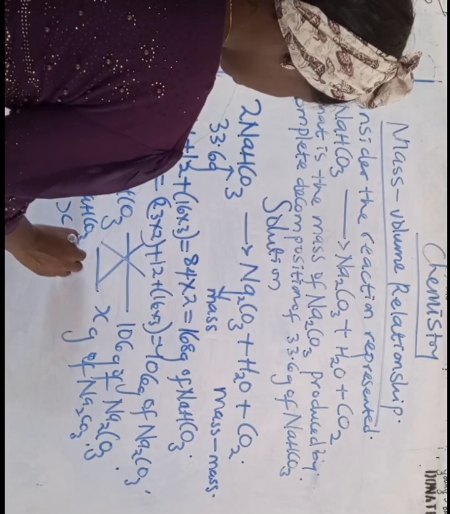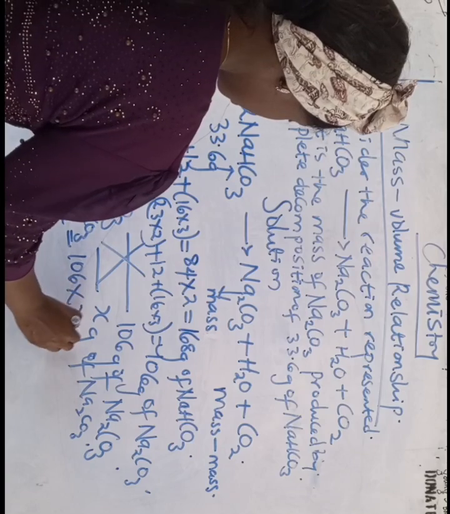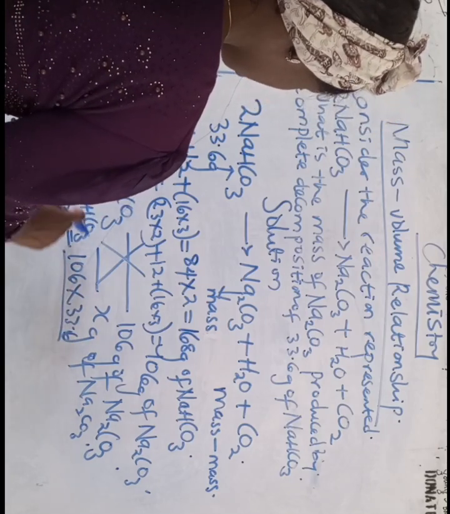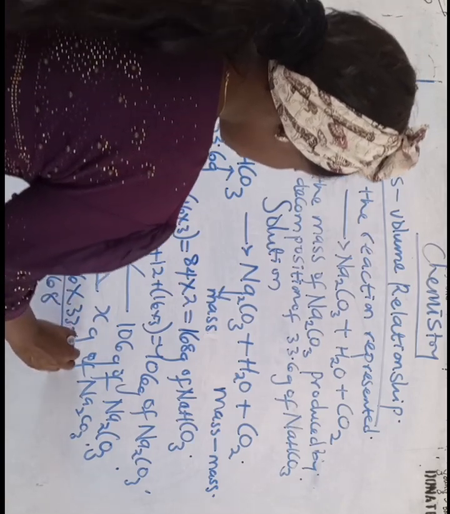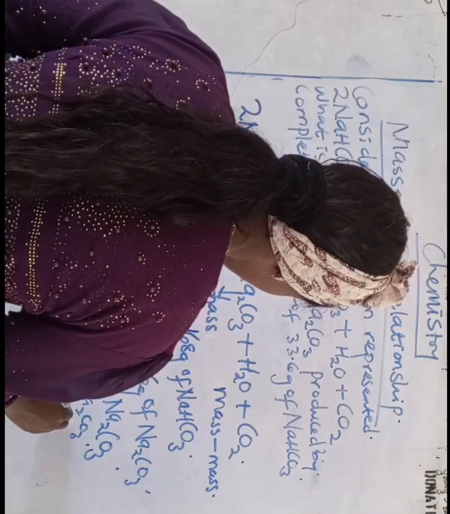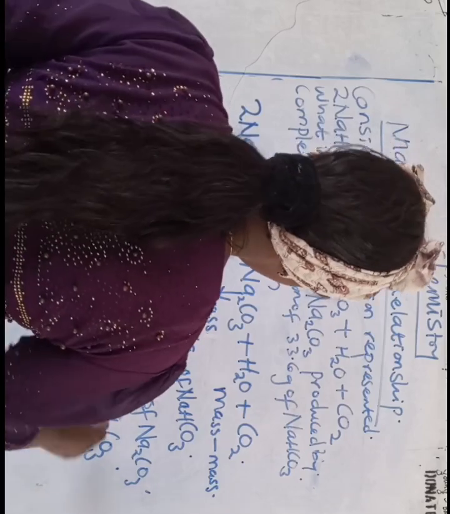X equals what? 106 times 33.6 divided by 168. So my final answer here is supposed to be 21.2 gram of what? Na2CO3.